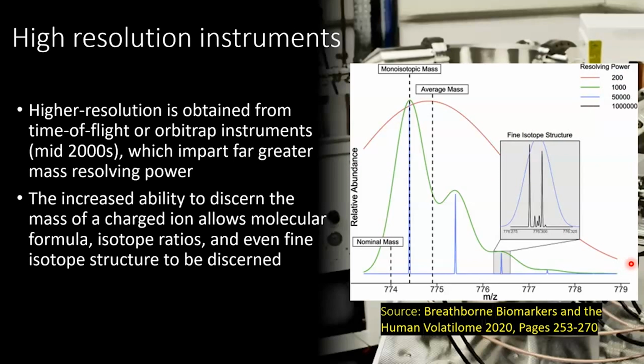Now, as the resolving power increases from about 1,000 maybe up to 10,000, this average mass is going to resolve into the monoisotopic masses. So you start to see the individual isotopes, provided those isotopes are in a relatively high abundance.